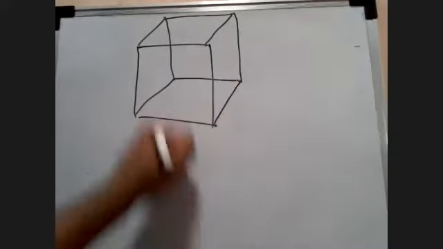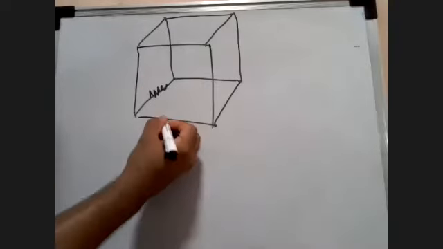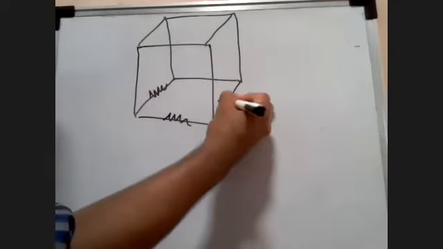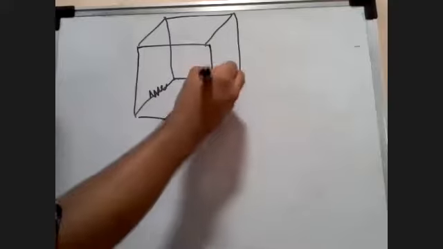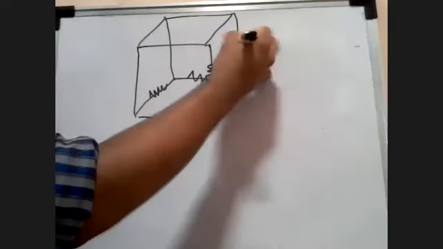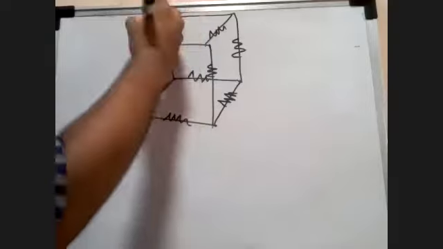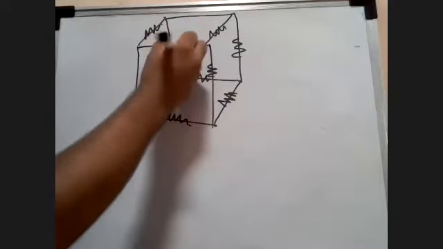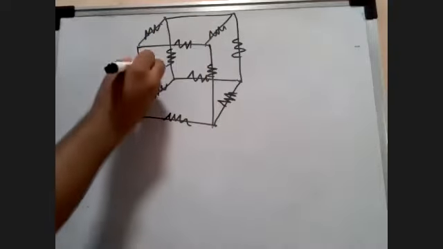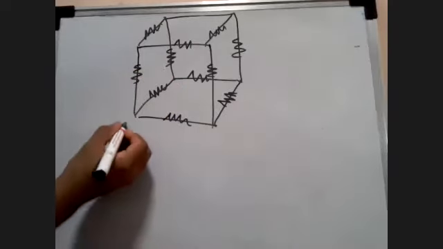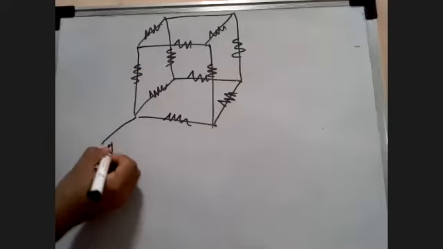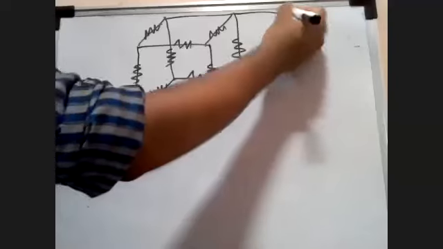If I say there's a resistor here, a resistor here, a resistor here, a resistor here, a resistor here, a resistor here. Tell me what is going to be the resistance across this point A and across this point B.